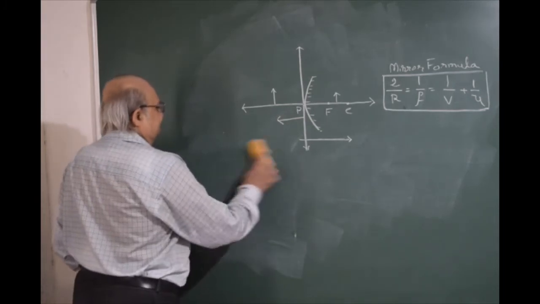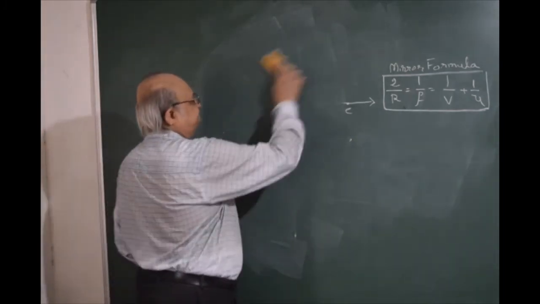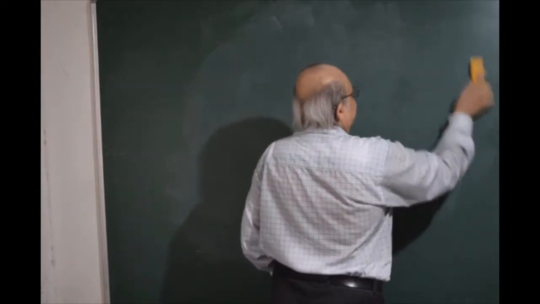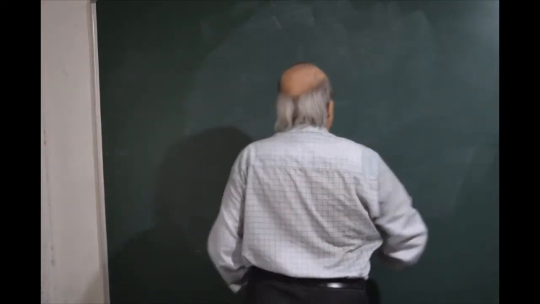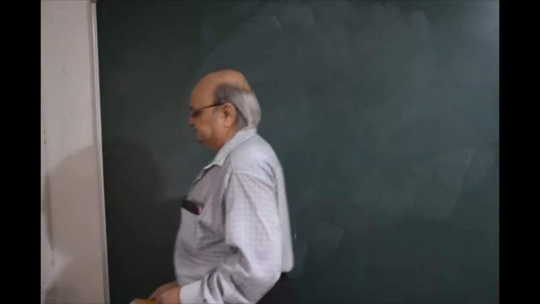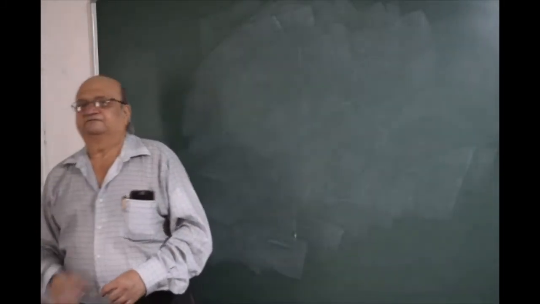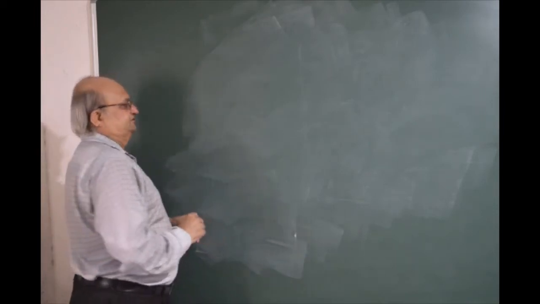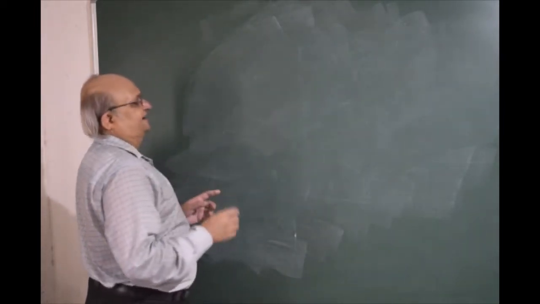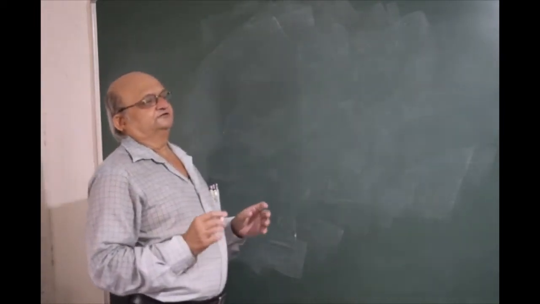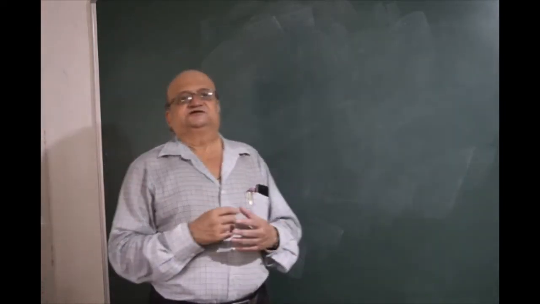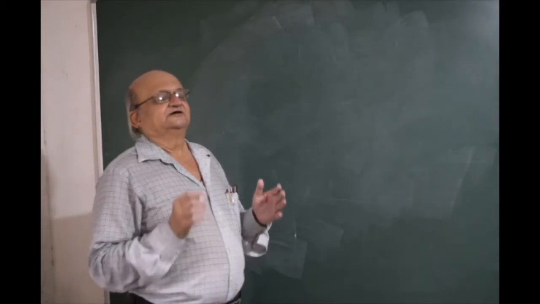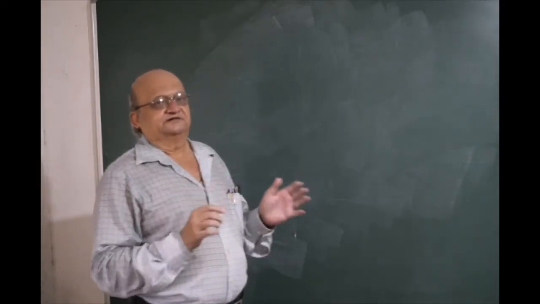For concave mirror, different positions of the object can give different images at different places. And we will have to draw ray diagrams for these images formed by the concave mirror.